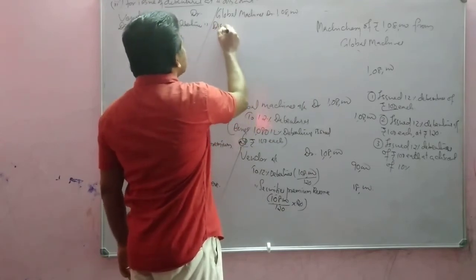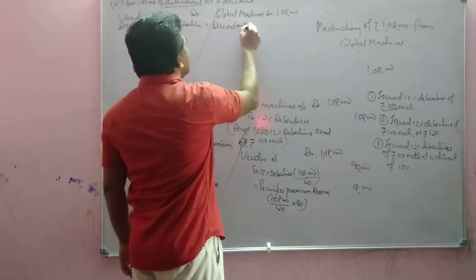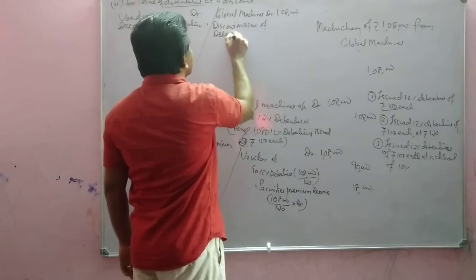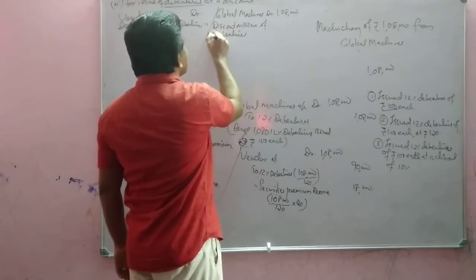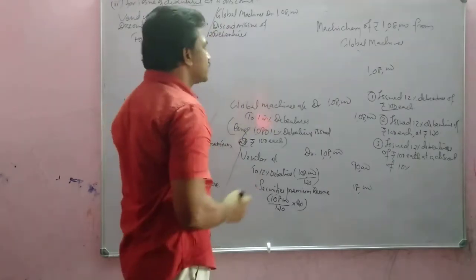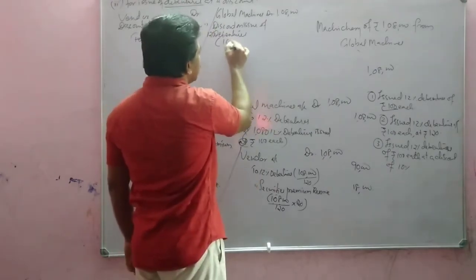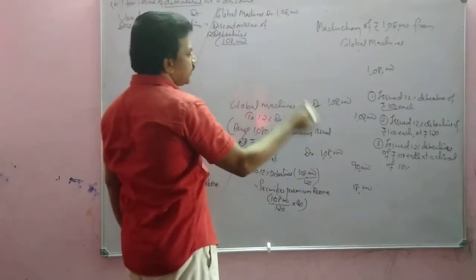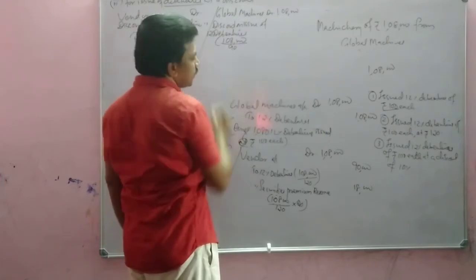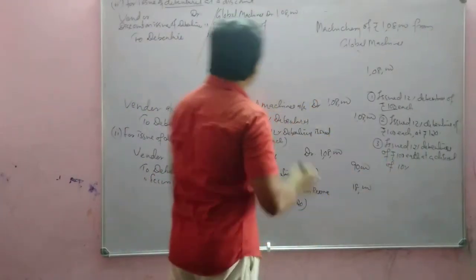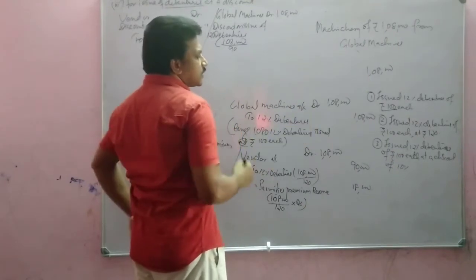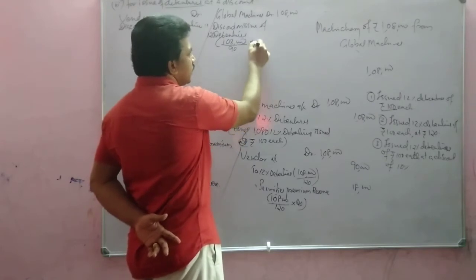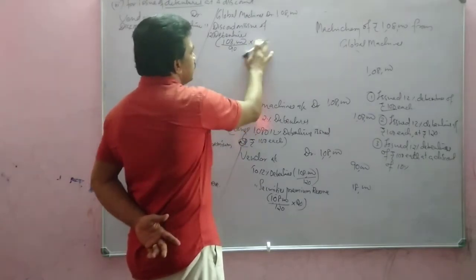So we will write discount on issue of 12% debentures. How to calculate? 1,08,000 is after deducting discount. It is 10% discount. Value is 100, so 100 minus 10% of 100, which is 10. So 100 minus 10, 90. If it is 90, what will be the 10% discount?